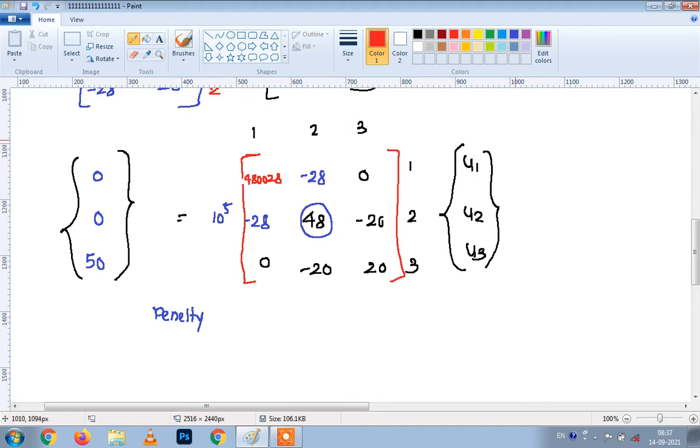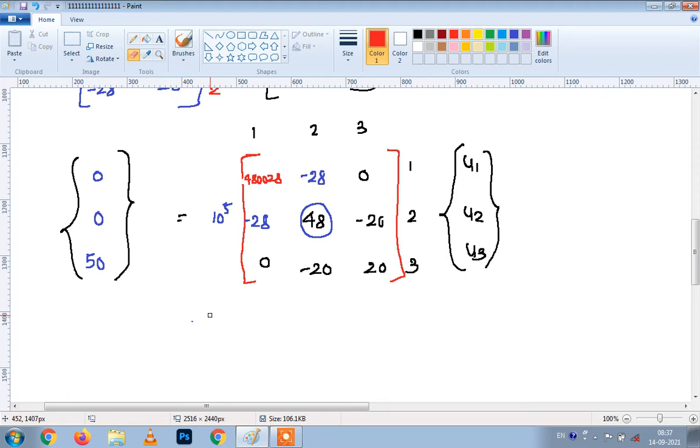What we have done is added the maximum value from the global stiffness matrix, which was 48 into 10 raised to 5, multiplied again with 10 raised to 4, so that this value becomes very large and ultimately we get the displacement as 0. So this is about the penalty approach.